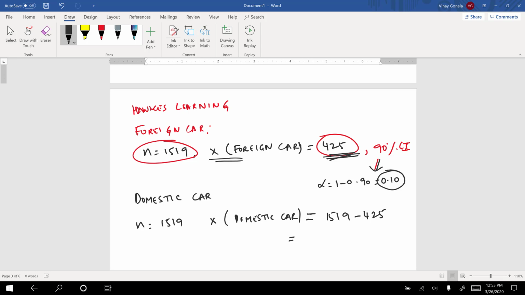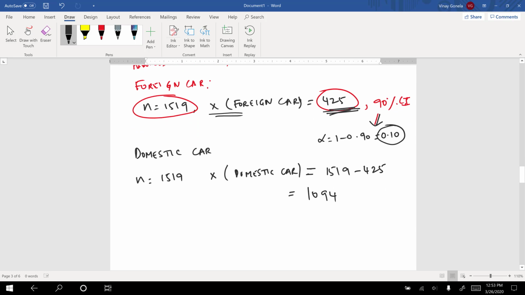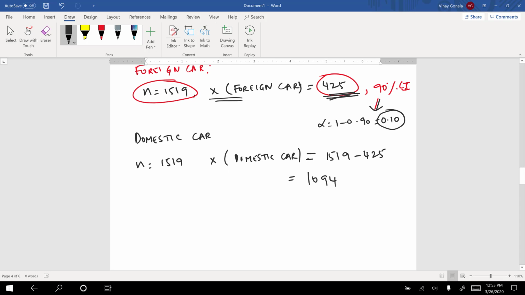it will change. So now instead of 425, you will say 1519 minus 425. So this would be, let me check what would be this value. I will calculate this. So 1519 minus 425. So now 1094. So the proportion p hat will be 1094 divided by 1519.